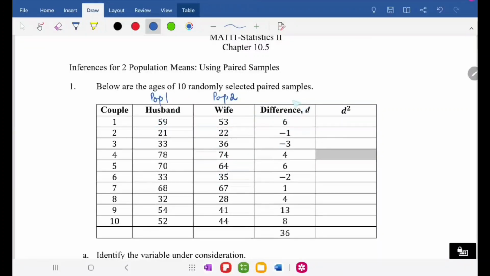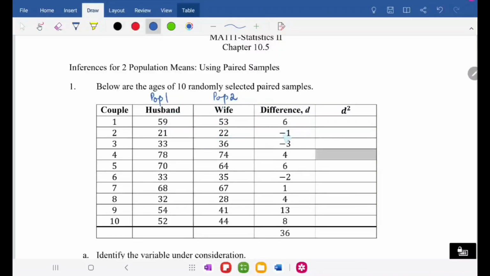Look at how it's calculated. 59 minus 53 is 6. So the age difference between the husband and wife for couple 1 is positive 6. That means the husband is 6 years older than the wife. For the next couple, the husband had an age of 21 and the wife was 22.